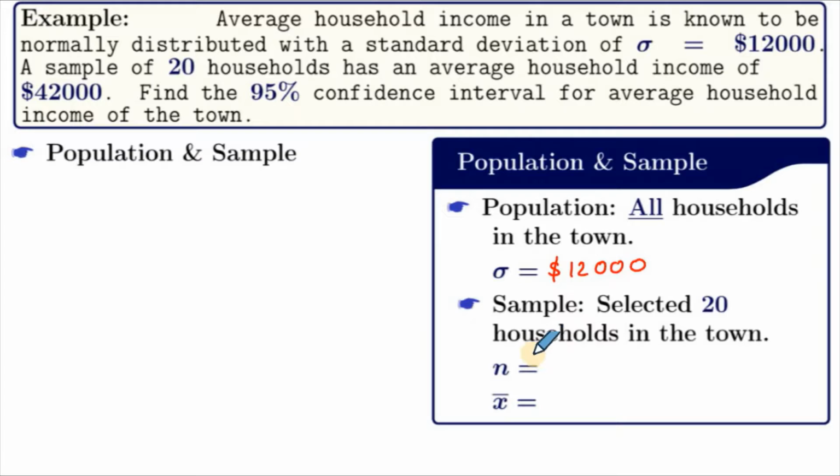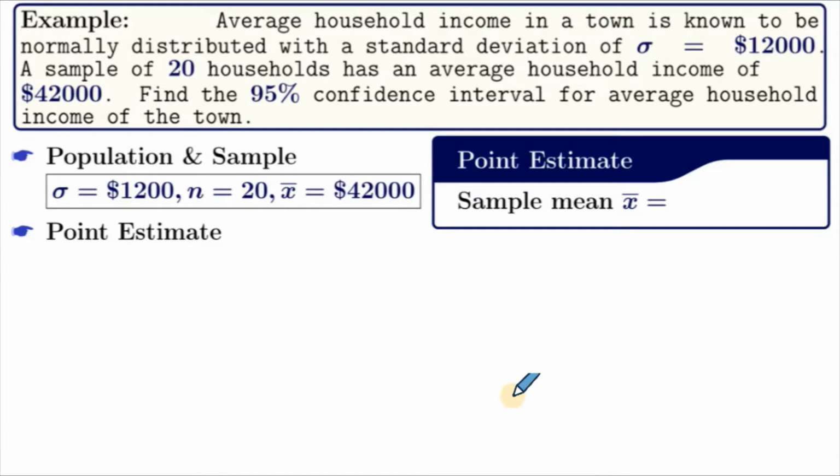Our sample size is 20 and our mean is 42,000. Next, for the point estimate, we simply look at the sample mean, which is 42,000 in this case.